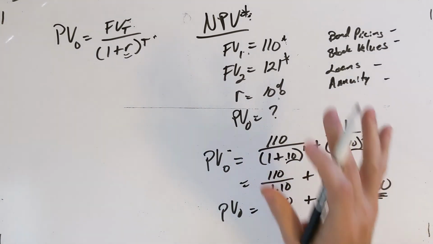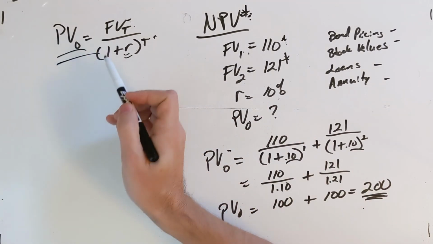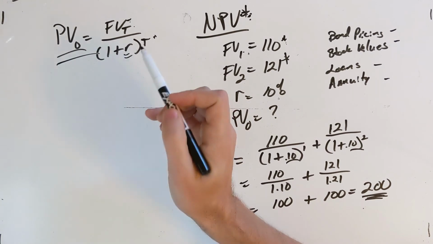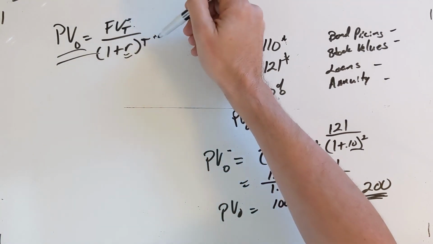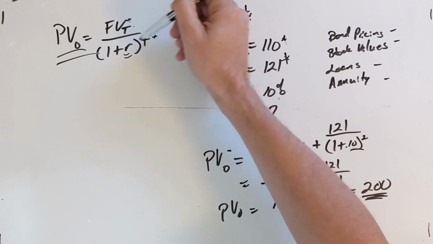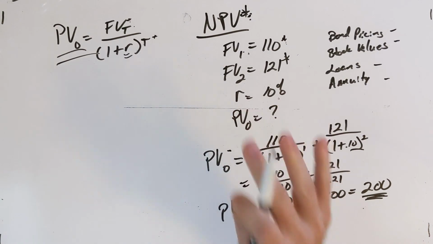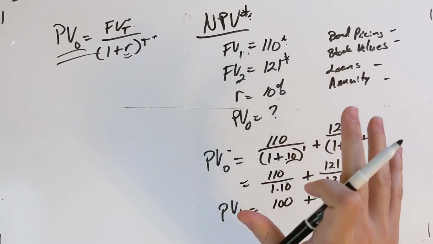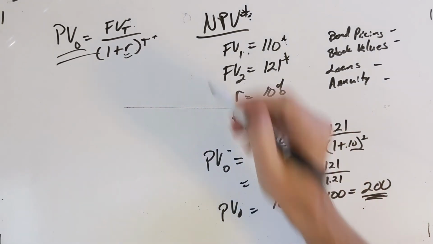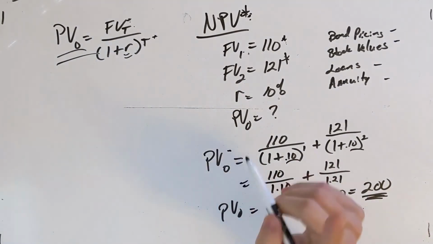And at the end of the day, if I want to know what something is worth, I need to figure out what the future cash flows are expected to be, when they are expected to happen, and what is an appropriate discount rate. If I can figure out those 3 things, I can tell you what anything is worth today. But these things, that is the hard part. The math, not that bad. Figuring out those values, that's pretty tricky.